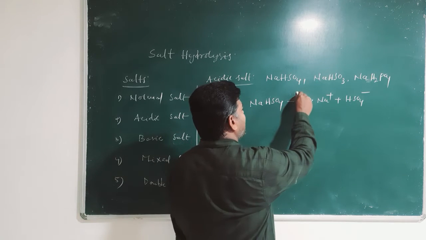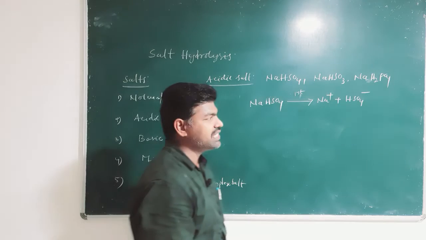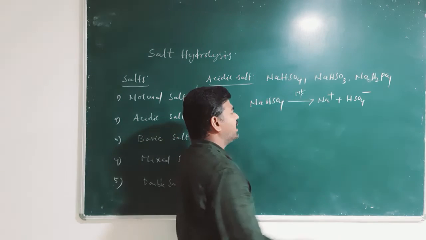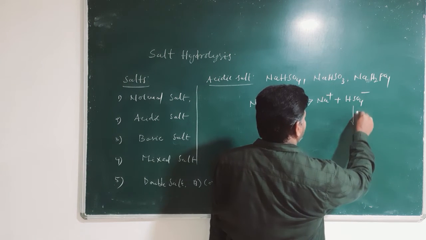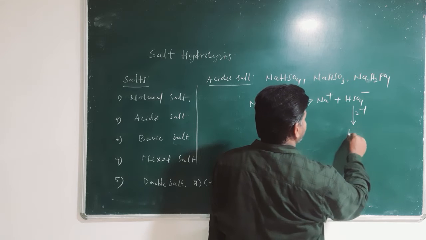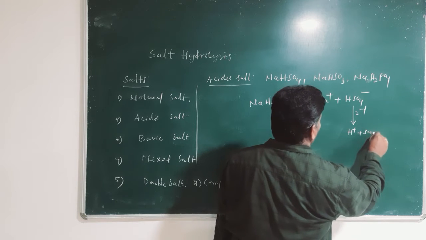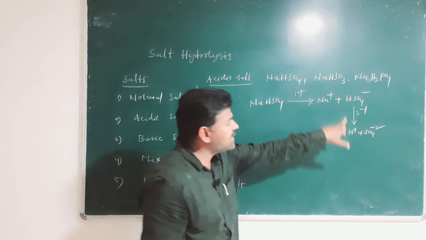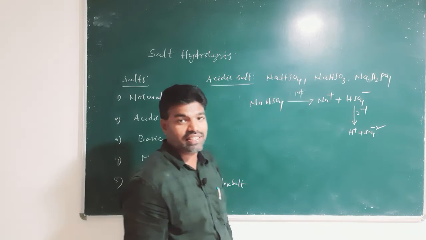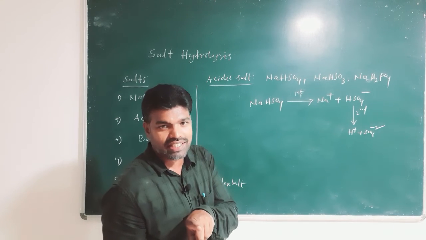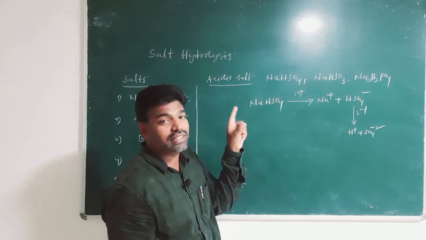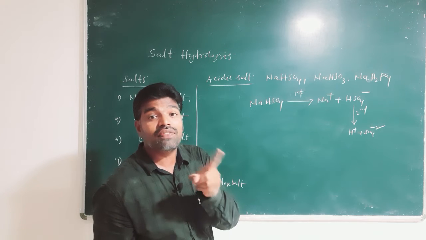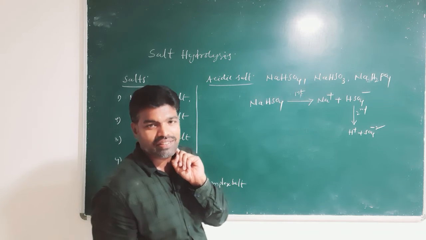So this is the first ionization. On its first ionization it does not release H plus ions, but in the second ionization it releases H plus ions and SO4 2 minus. So an acidic salt releases H plus ions in the second ionization, not in the first ionization. So an acidic salt is a salt which releases H plus ions other than in the first ionization.